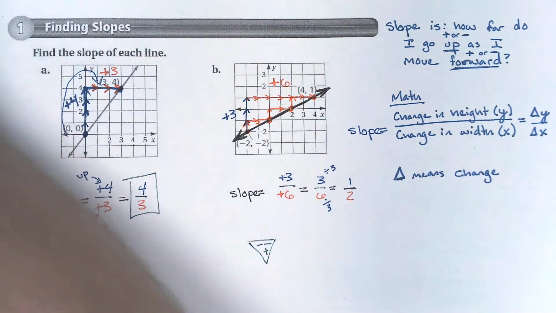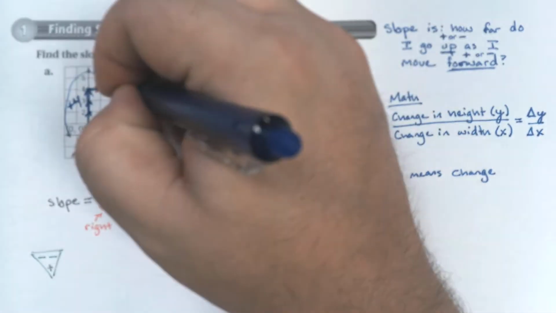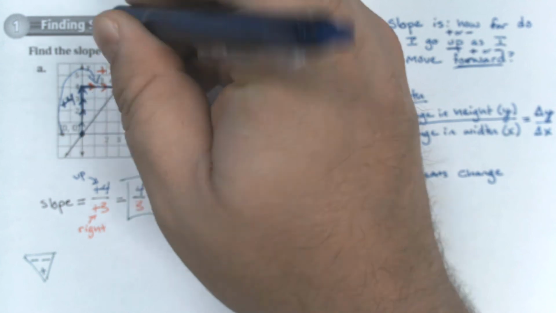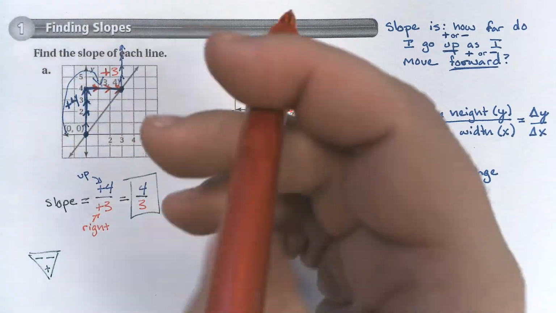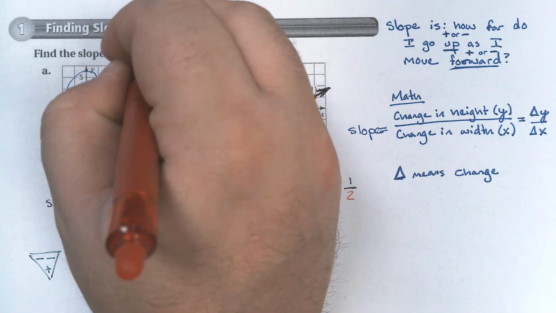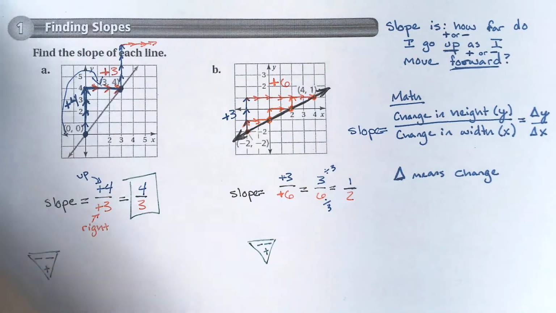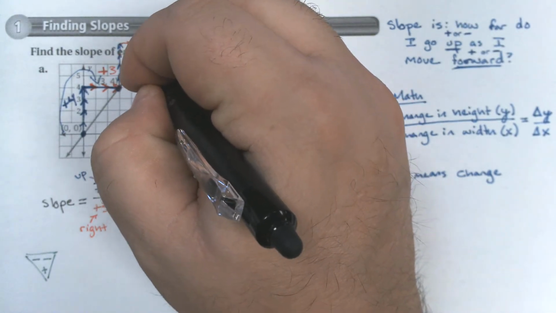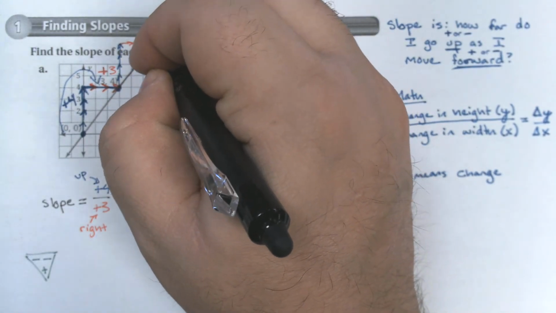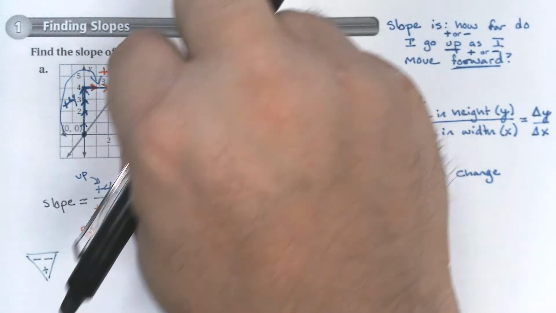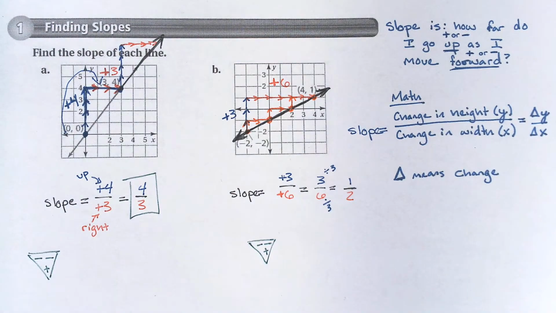If I wanted to go to another point on this one, I would go up 1, 2, 3, 4 times. I would go over, now it's off the graph, but I go over 1, 2, 3, and if I took a straight edge and I extended this graph out, what we would find is, if I could draw it correctly, I'd be on another point on this same graphed line.